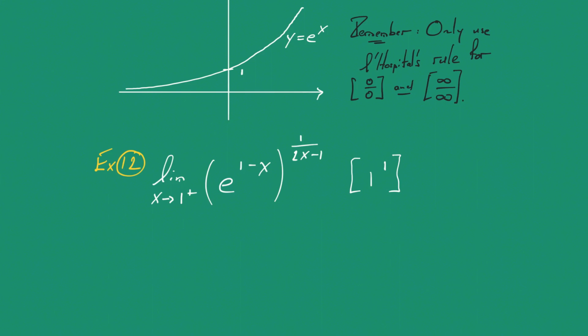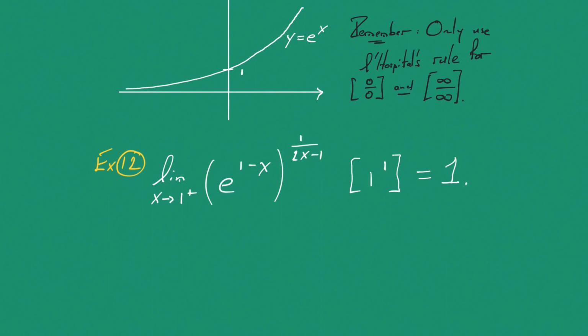If you give me an x that's close to 1, our base is close to 1, the exponent is close to 1. If I take this number close to 1, raise it to a power that's close to 1, I'm just going to get 1 to the exponent 1, which is equal to 1. That's all we have to do. This limit is equal to 1. All right, that's it.